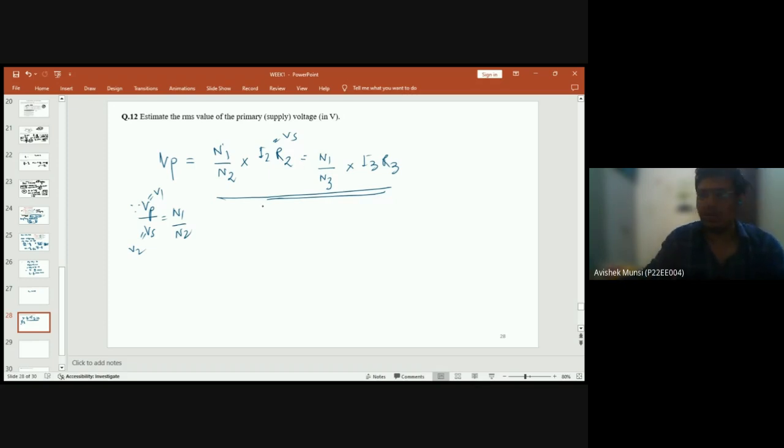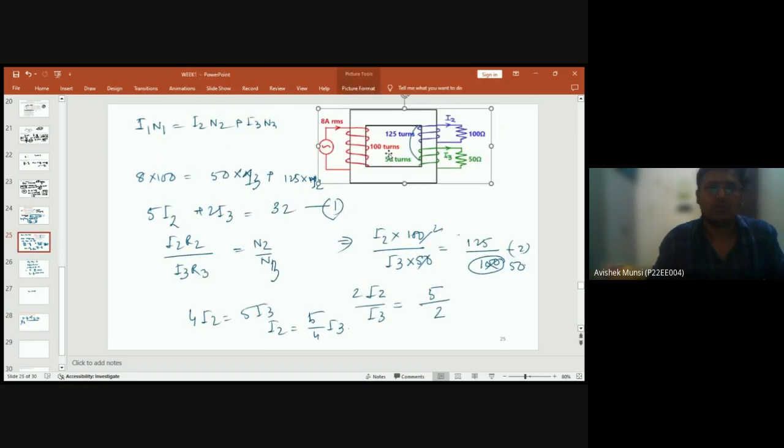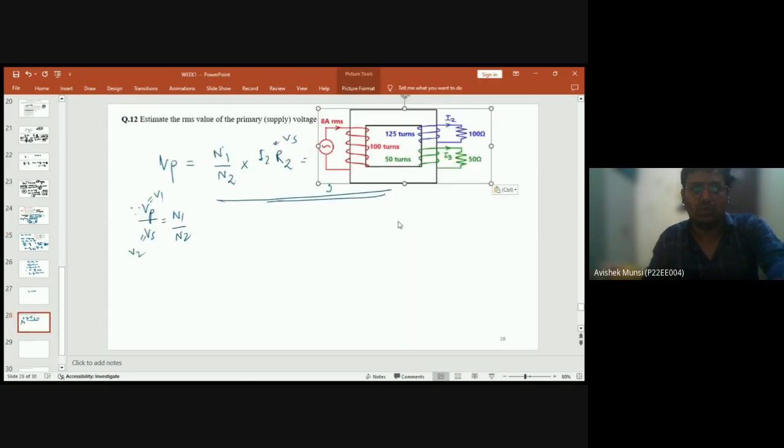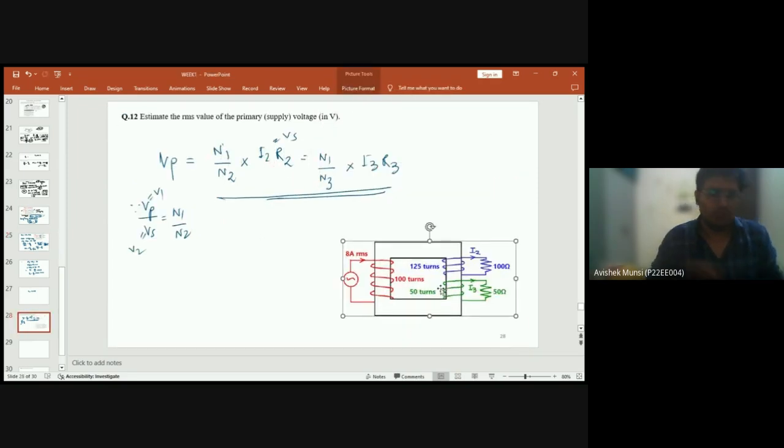So if you put the values of N1, N2 in the calculator, what will be the answer?